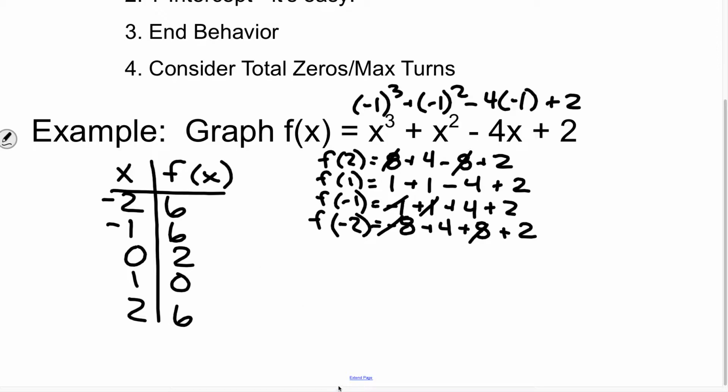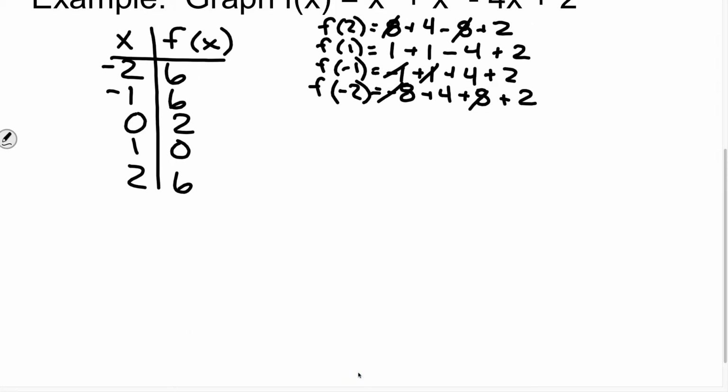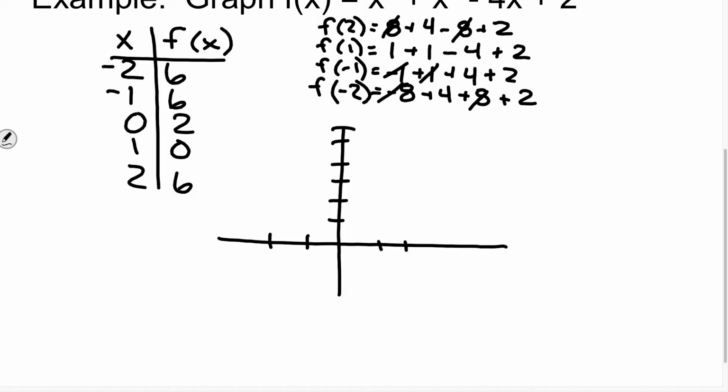Okay. So then, those are the points that I can plot. Negative 2, 6. Negative 1, 6. 0, 2. 1, 0. 2, 6.